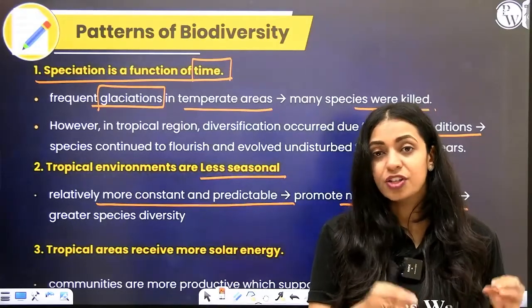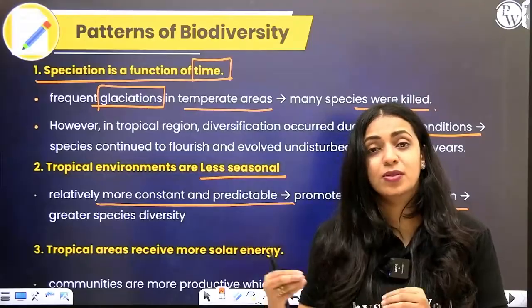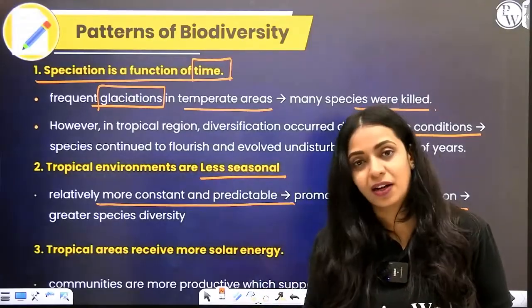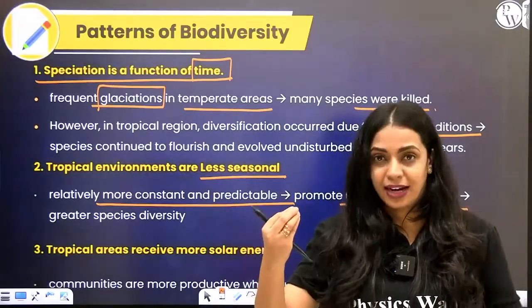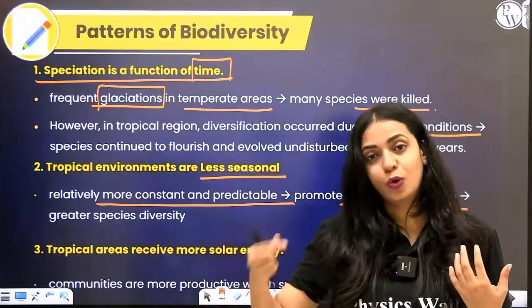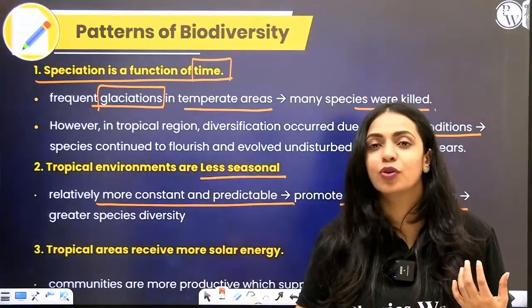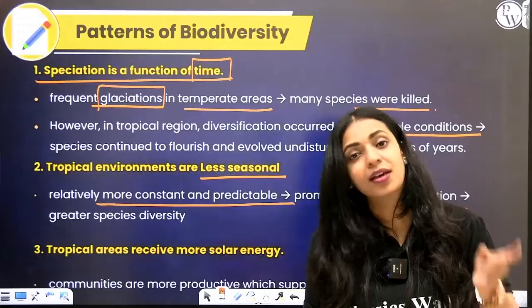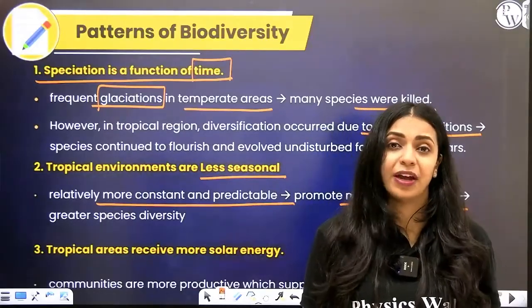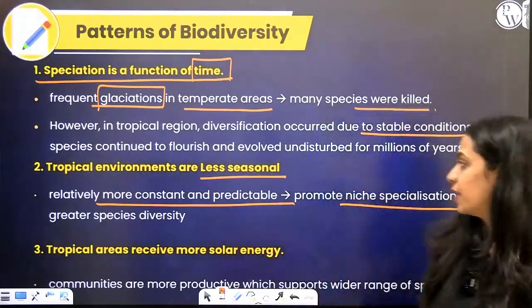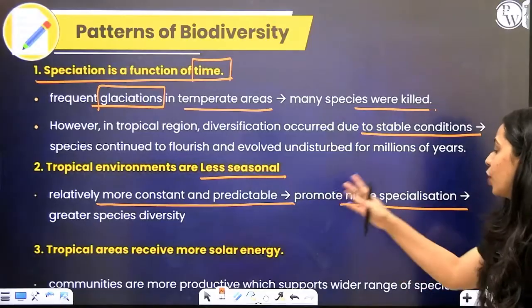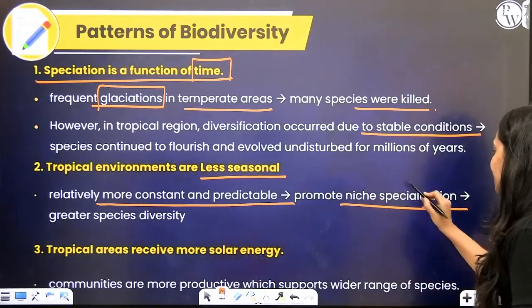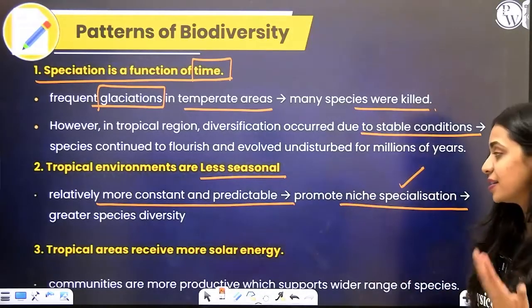As a result, we see that in the tropics, where the environmental conditions are relatively stable and predictable, greater evolution, greater diversification will happen as opposed to the plants and animals that you find in the temperate regions, right? So since it is relatively more constant and predictable, that promotes niche specialization, and as a result, we have a greater species diversity.